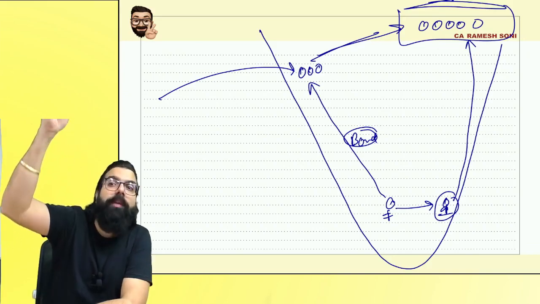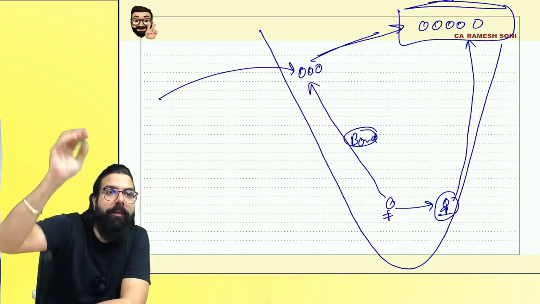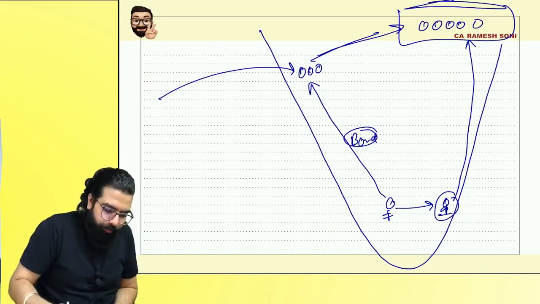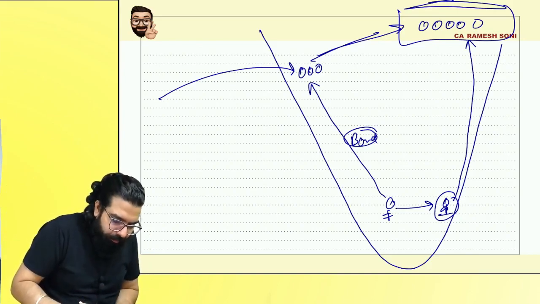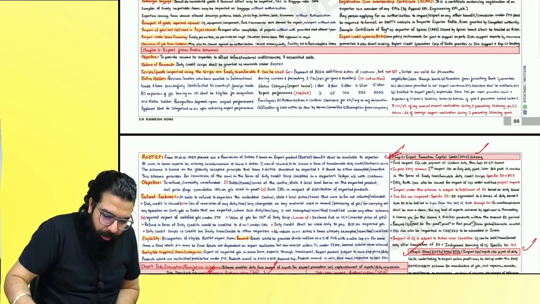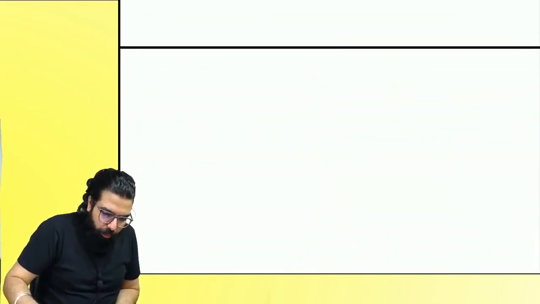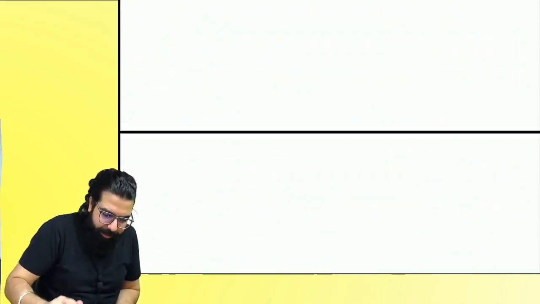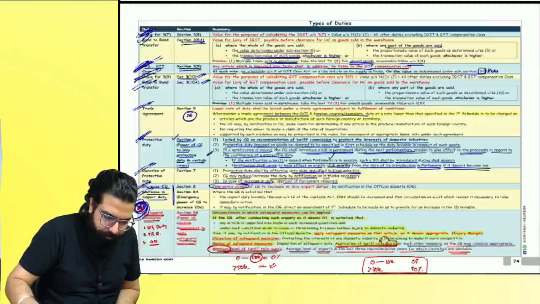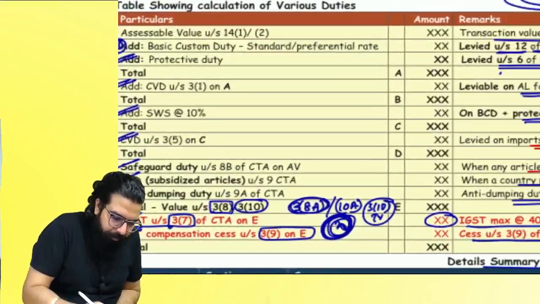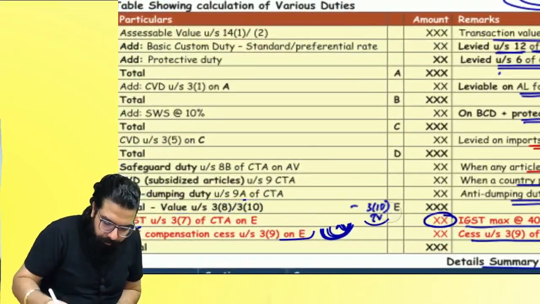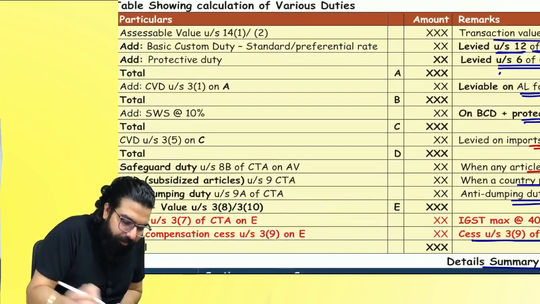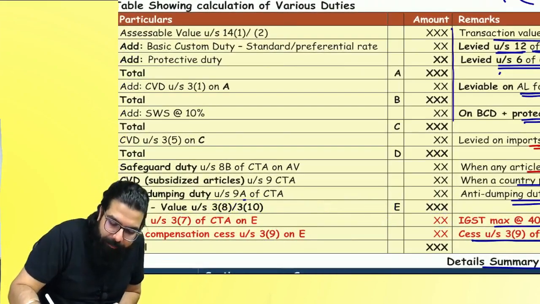People, I'm talking about customs duty, social welfare surcharge. Hey, people, one minute. One minute. Everyone here, he will pay normally everything.